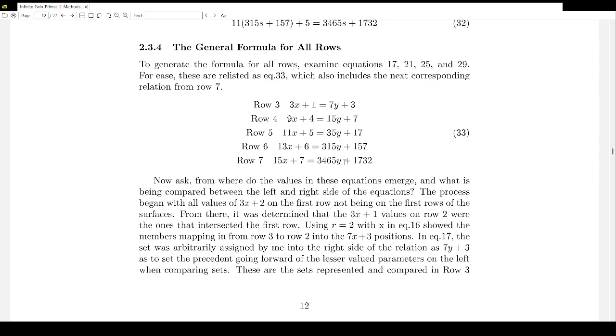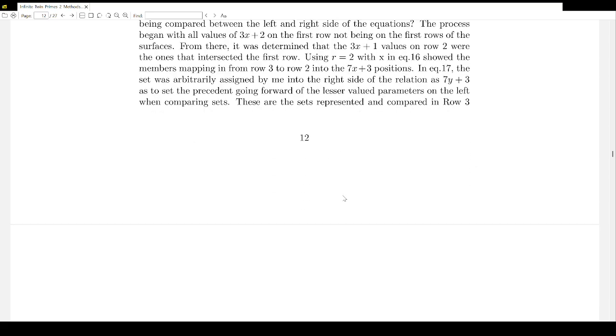The left side of our comparison in each row is just going to be an odd number slope plus a number that goes up by 1 for each intercept. And our right side of our comparison is just going to be a number of odd numbers starting at 5 multiplied by each other for the slope, and then minus 1 divided by 2 for the y-intercept. So now we could generate these values for any row. We've got the pattern. Great.